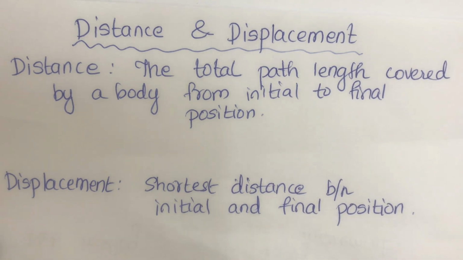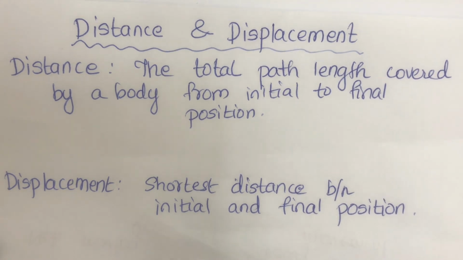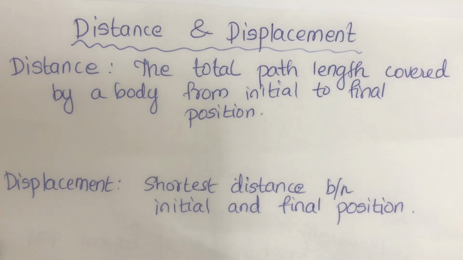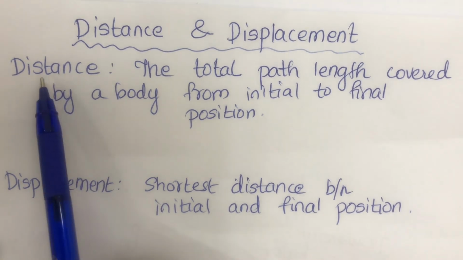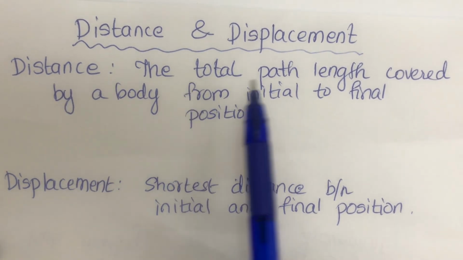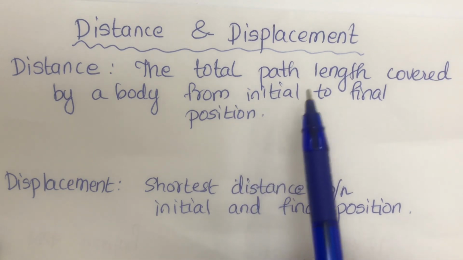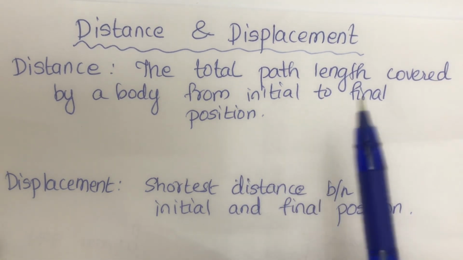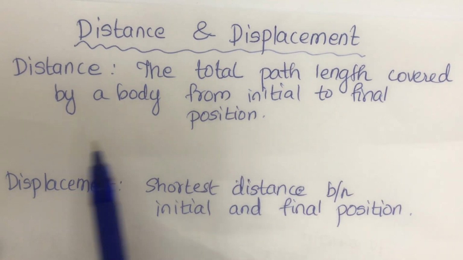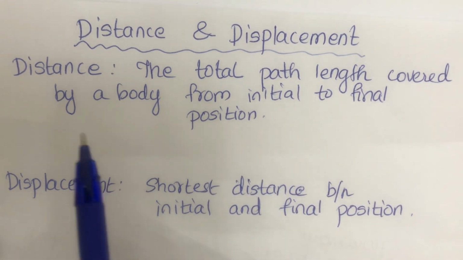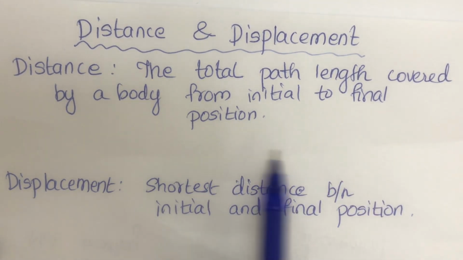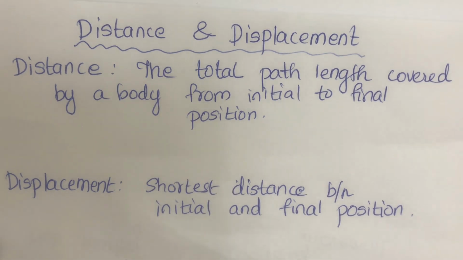Okay, so distance and path length are both the same. So whenever in the questions you see path length, what is that? That is the distance. So distance is the total path length covered by a body from initial to final position.